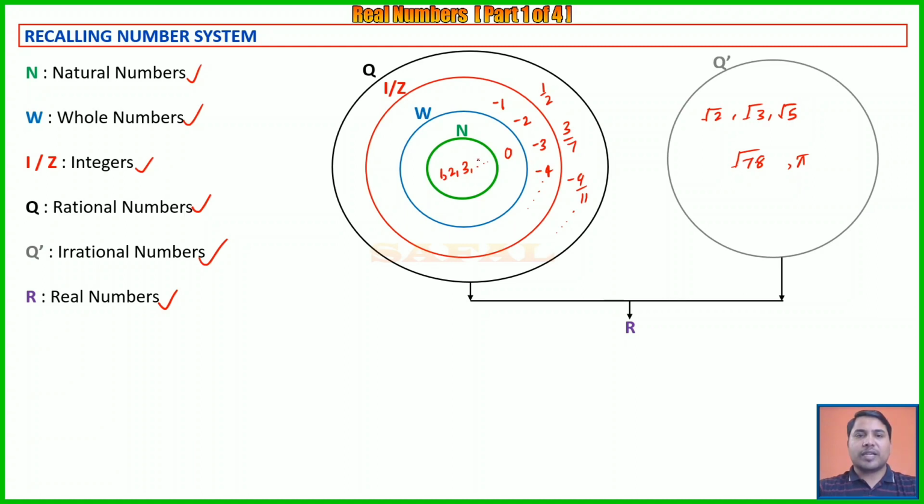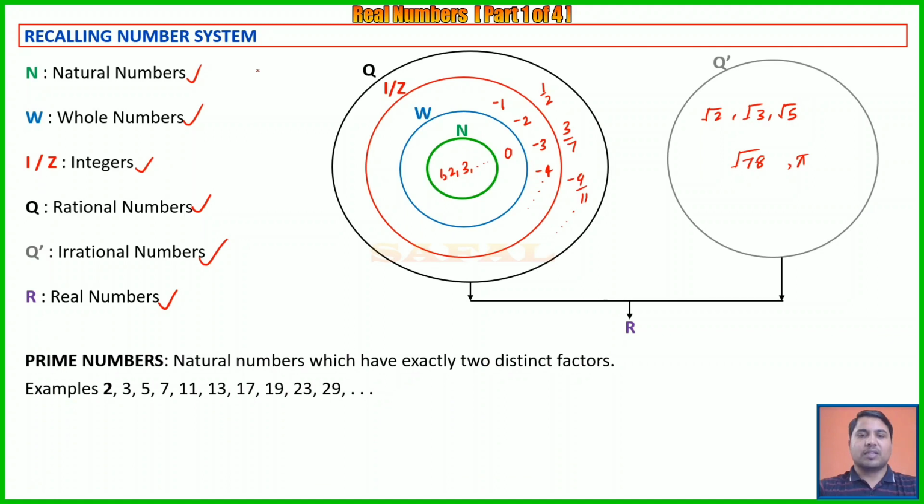After looking at the brief recall of the number system, now I want to look at two types of numbers which are classified under natural numbers. The first is prime numbers. Natural numbers which have exactly two distinct factors, very important. Those natural numbers which have exactly two distinct factors are classified as prime numbers.